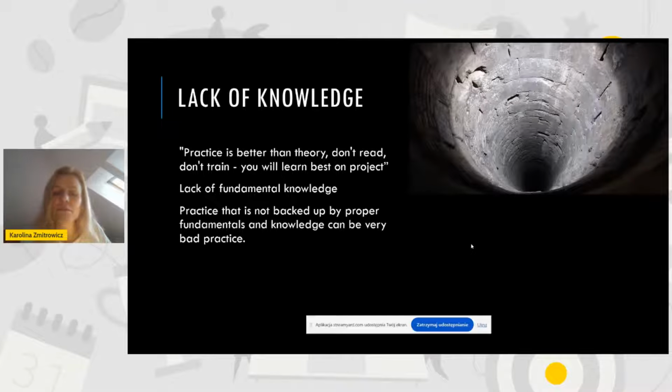Because without fundamental knowledge, basics, you don't know which practice is bad, which is good. You don't know if the techniques, practices, tools that you are applying are applied in a wrong way or a good way. You cannot evaluate it because you don't have knowledge.